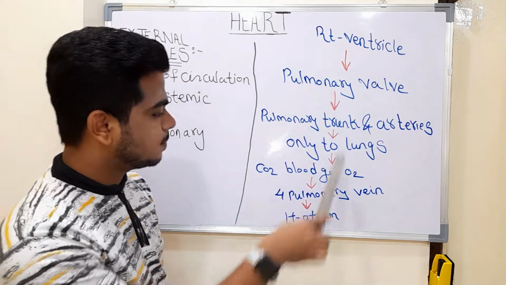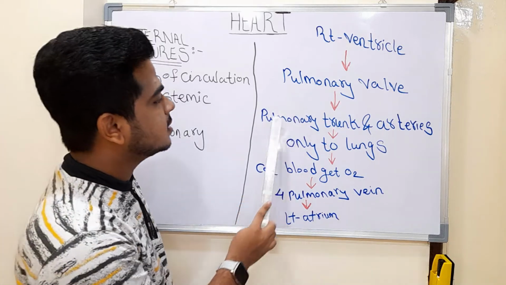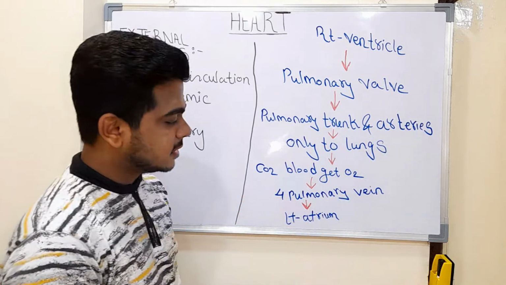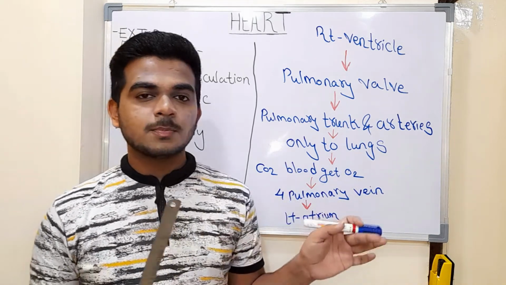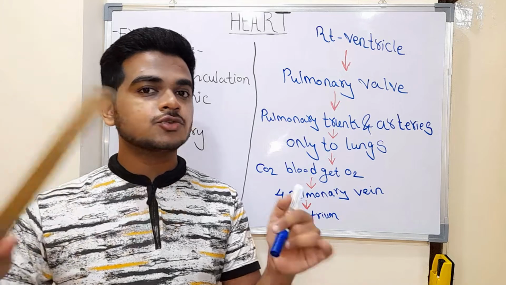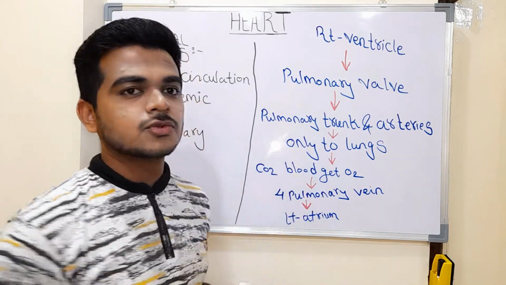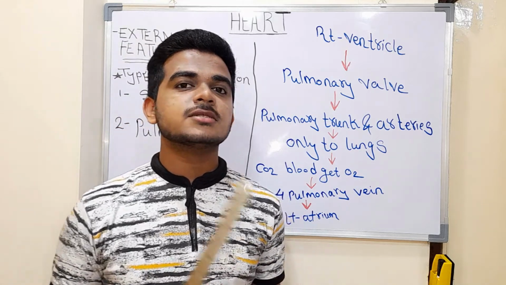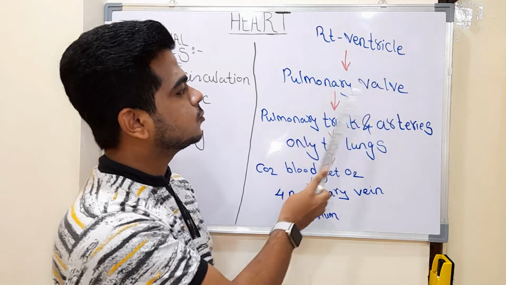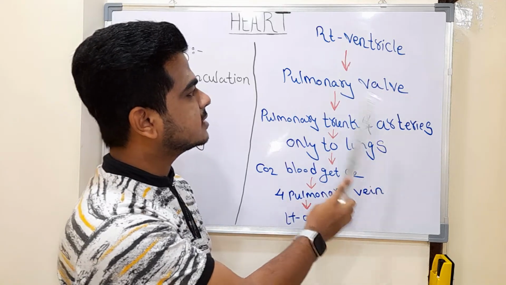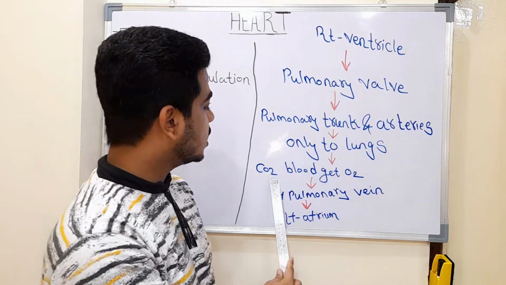That's why it is known as pulmonary circulation: here is the pulmonary trunk and pulmonary artery, and here is the pulmonary vein. The blood passes from heart to lungs and from lungs to heart, and the common thing is pulmonary. So from the right ventricle, through the pulmonary valve, pulmonary trunk and pulmonary artery, blood goes only to the lungs.